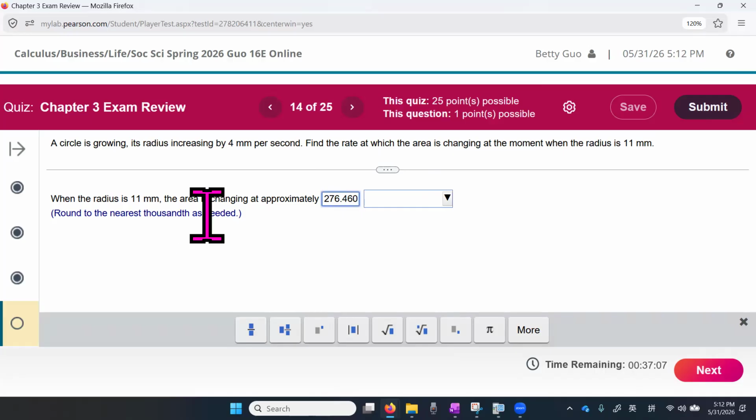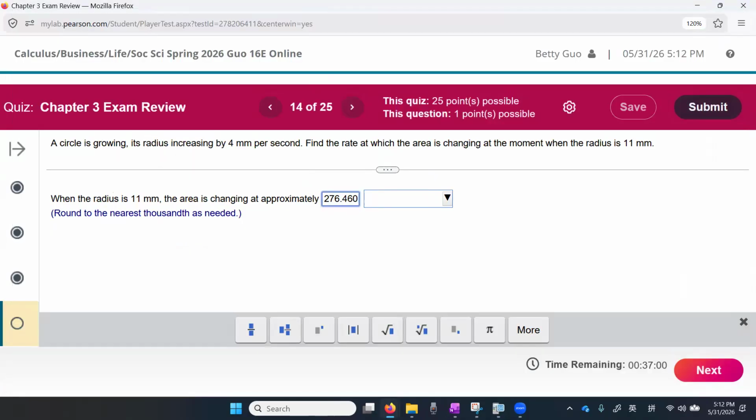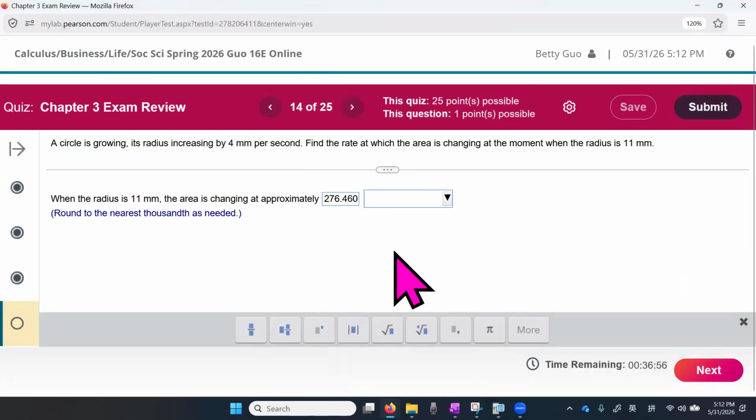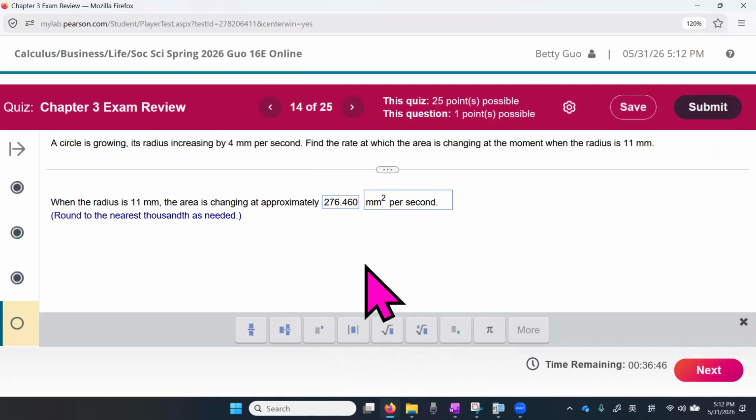Keep 3 decimal places. Since the area is a 2-dimensional concept, we're going to have square millimeters per second, right?